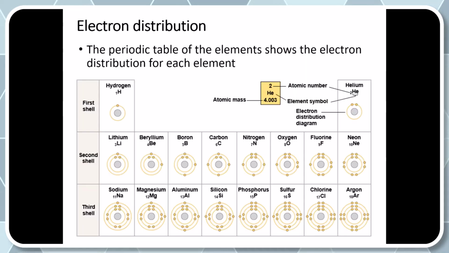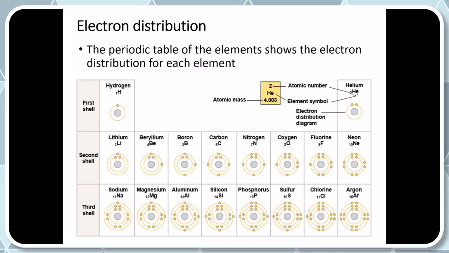So the periodic table is arranged to show the electron distribution of the elements. So if we look at the rows and columns, I know they're not called rows and columns in chemistry, but if we look at the rows and columns, the first row has 2 columns in it, and there's space in that first electron shell for 2 electrons.